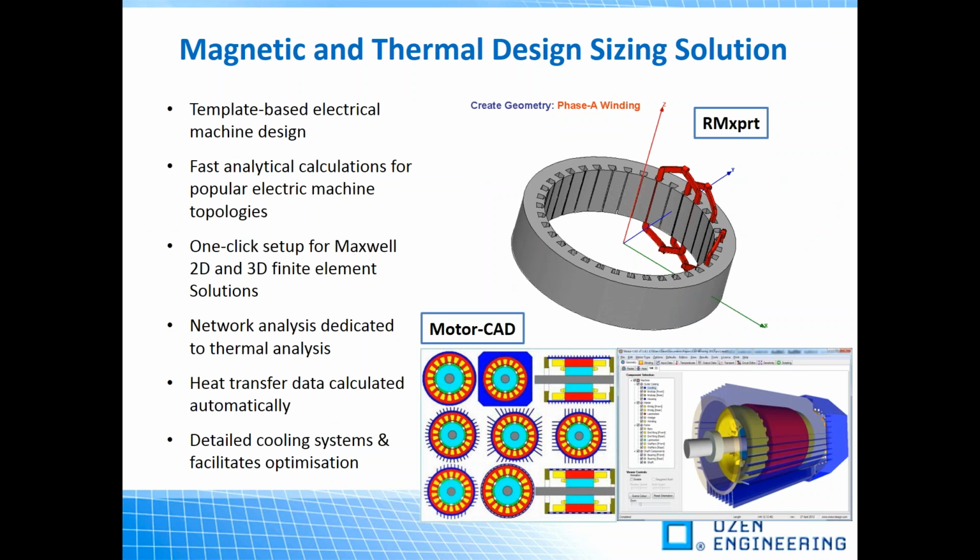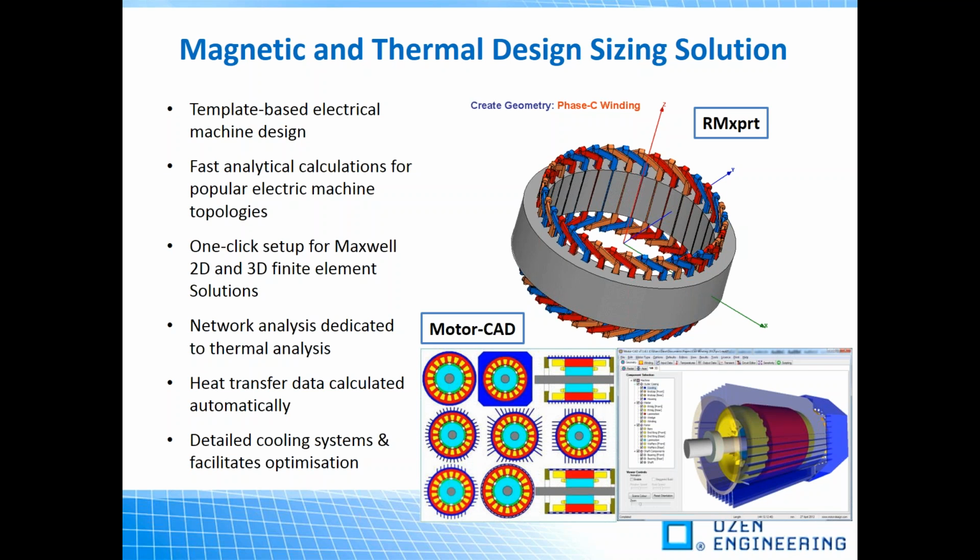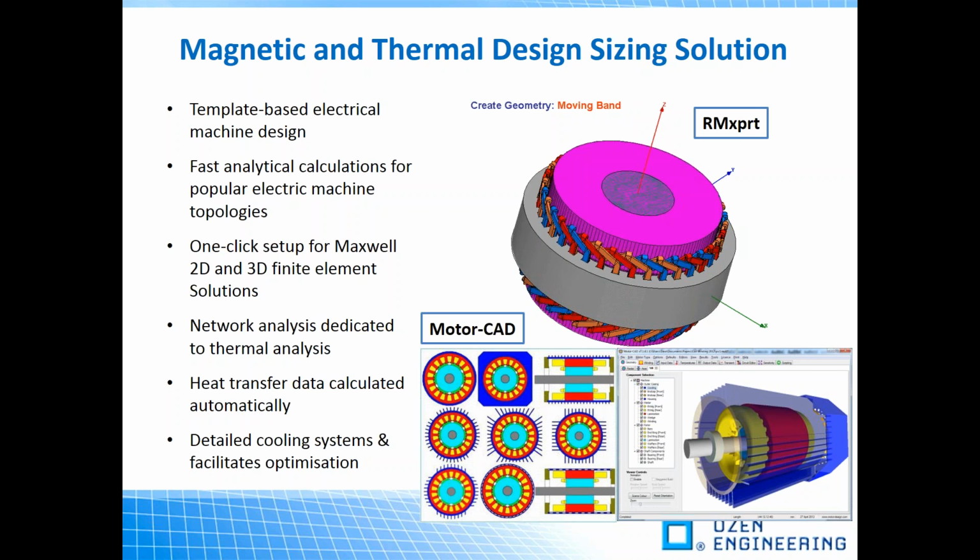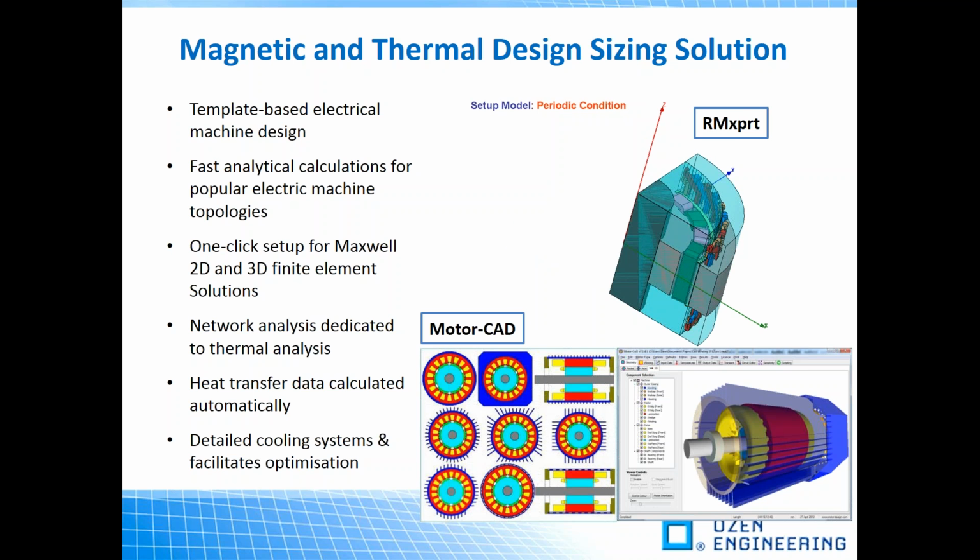Also, you can use Motor-CAD for the thermal analysis. Basically, you can use RM Expert as template-based software, so you can select your machine design. It's going to be a fast and simple analysis, and then with just one click you can transfer the model to Maxwell 2D or 3D.